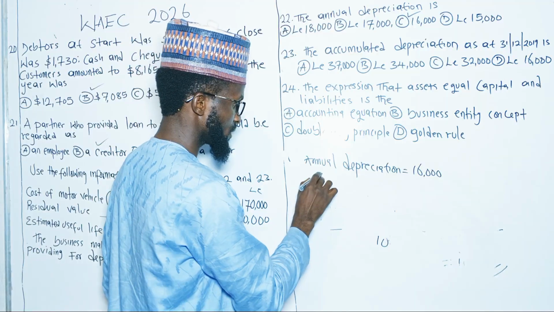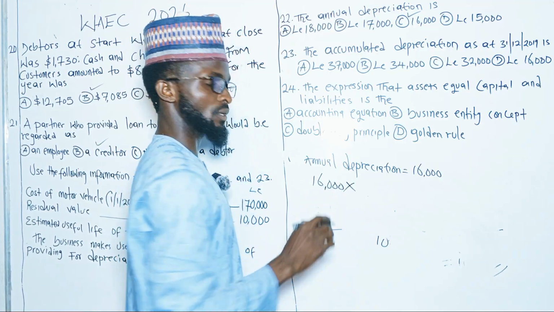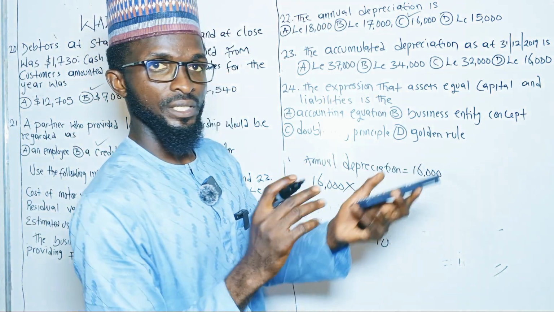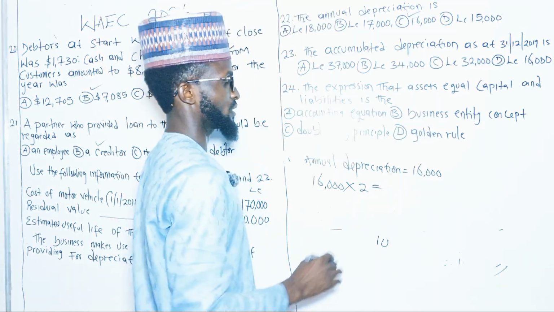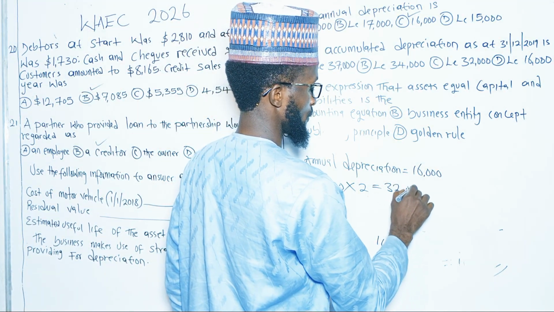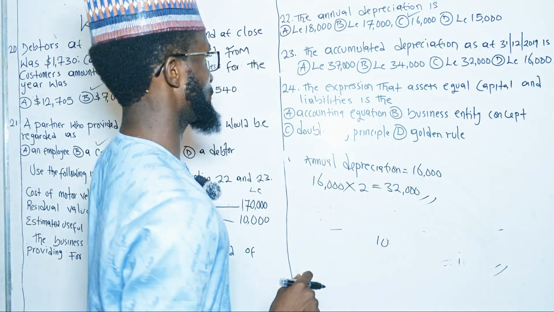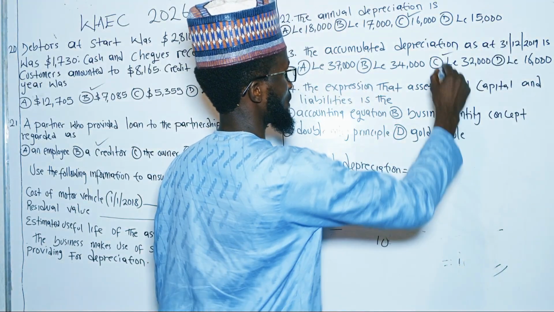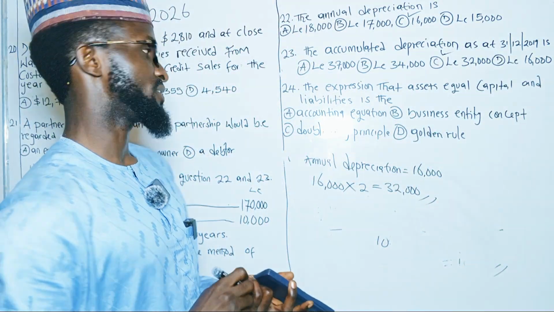So therefore, 16,000 times the number of years, 2018, 2019. So therefore, times 2. Our answer should be 32,000. This will be our answer. Where is that? We have 32,000 here. Our answer is C.